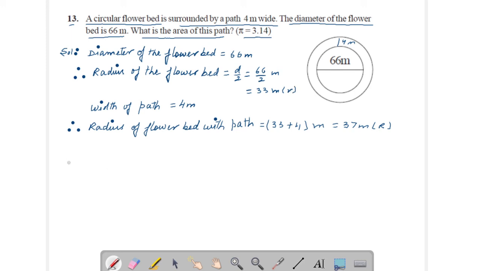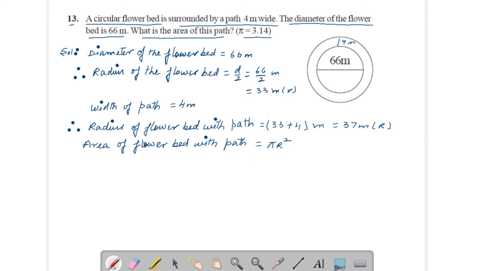Let us find out area of flower bed with path. Area of flower bed with path equal to pi capital R square.